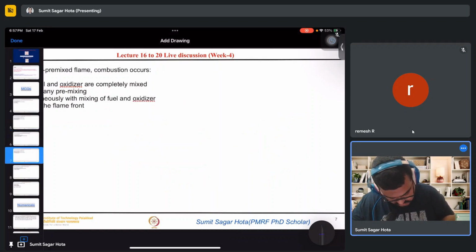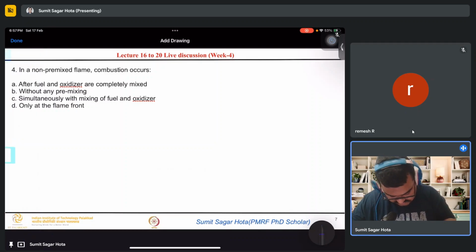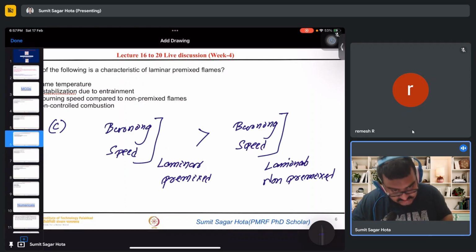My next question: the burning speed in a laminar pre-mixed flame is much higher as compared to a laminar non-pre-mixed flame.